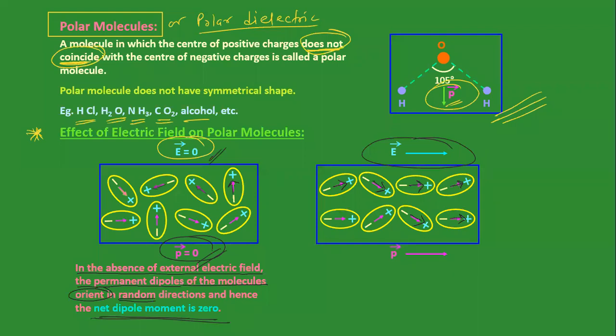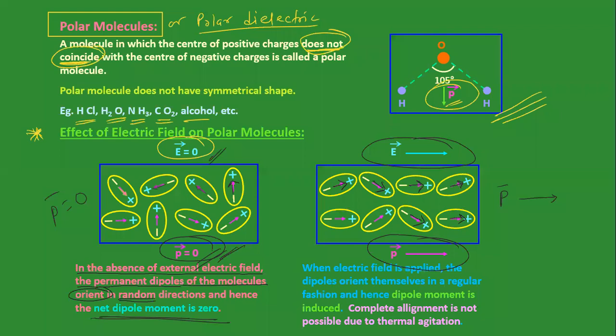Here some molecules have dipole moment, while here the dipole moment is 0. But here it has some dipole moment in this direction, because these polar molecules orient themselves in the direction of electric field.